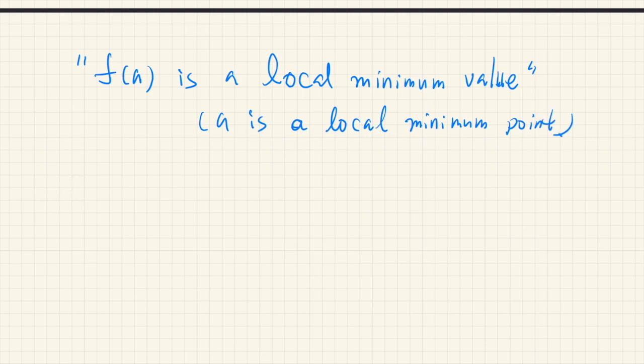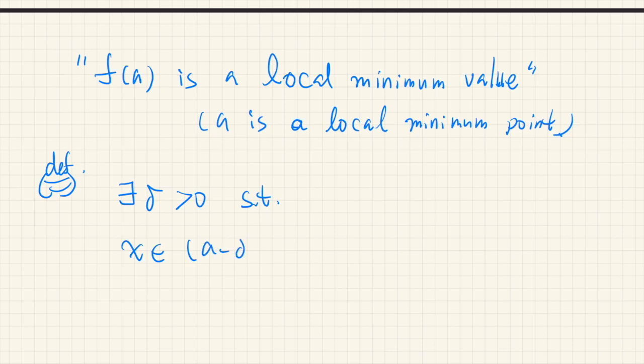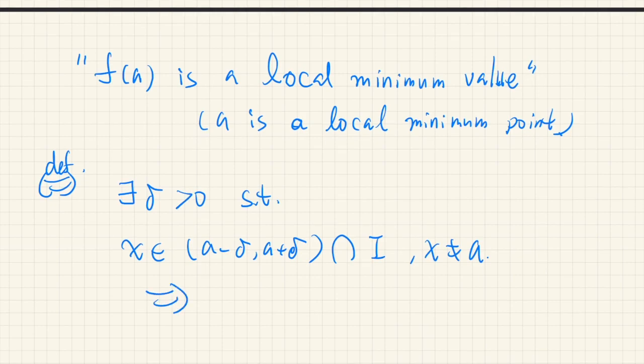And this means, by definition, here's the definition, there exists some positive delta such that if x is in this open interval between a minus delta and a plus delta, intersected with I, and if x is not exactly equal to a, then this implies f of x is greater than f of a.